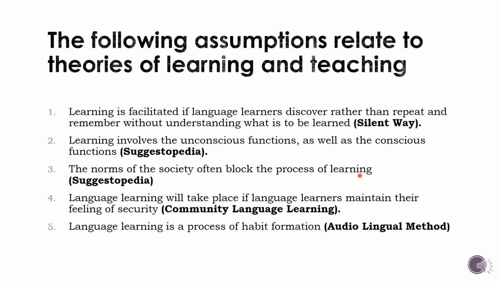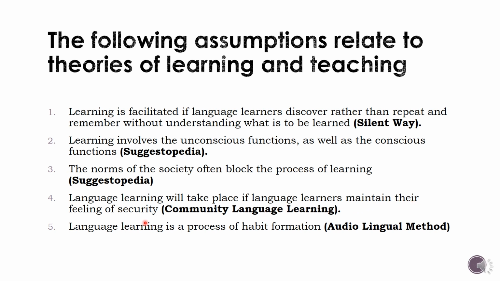So if you learn naturally, that means you can understand the language, but it is possible that the norms, the rules of the society, can block the process of your language learning. And under Community Language Learning, learning will take place if language learners maintain their feeling of security.